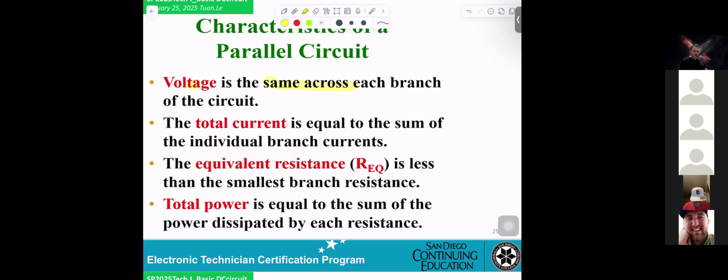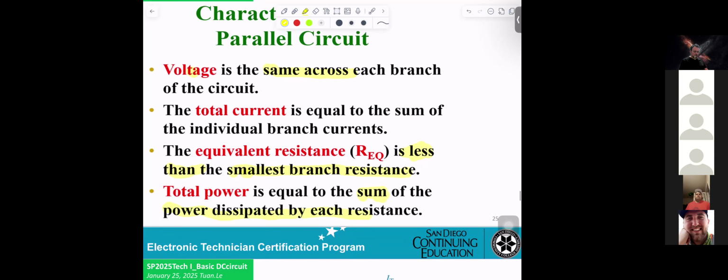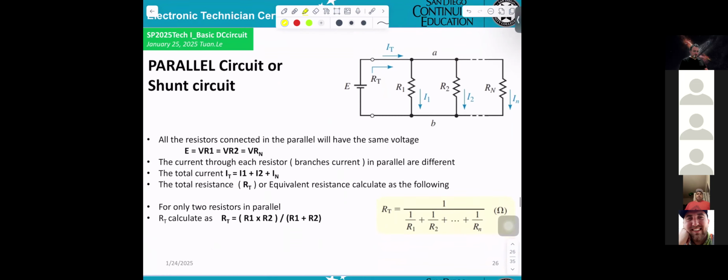Equivalent resistance is less than the smallest branch resistance. Total power is equal to the sum of the power dissipated by each resistor. When you see this circuitry, you know this is a parallel.